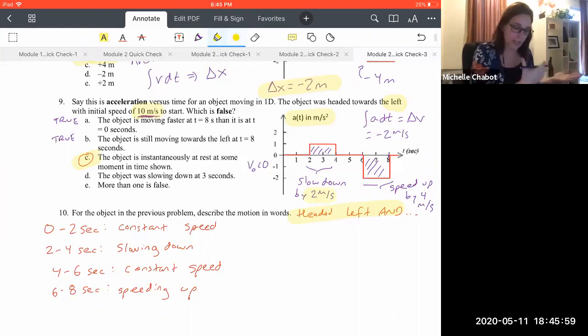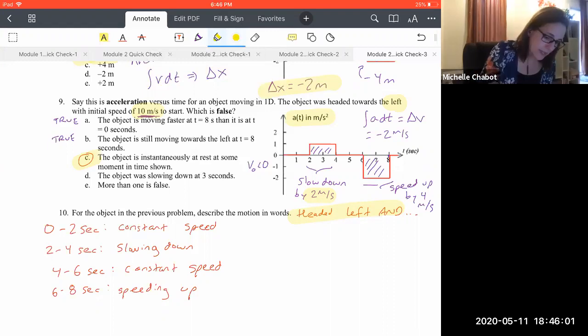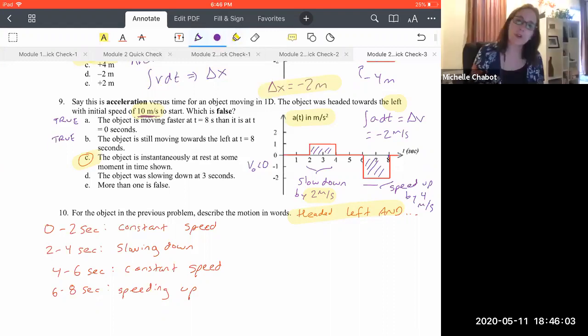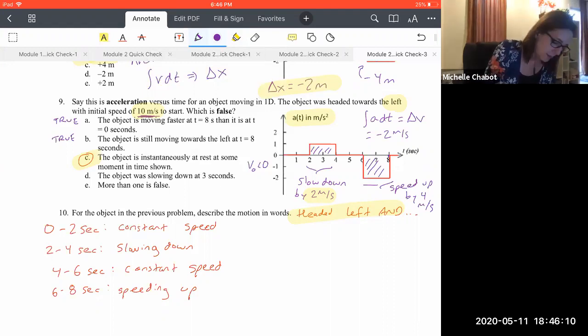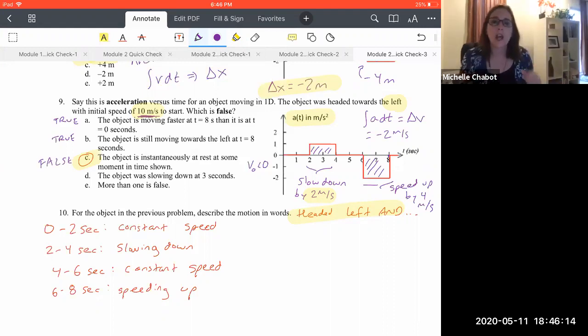So I'm always headed to the left. And then C, I have C marked as the one that is false. So let's see why. The object is instantaneously at rest at some moment in time shown. And that again is false for that same reason. I started at 10 meters per second to the left. I only slowed down by 2 meters per second, and then I sped up again. So at no point was my velocity 0.